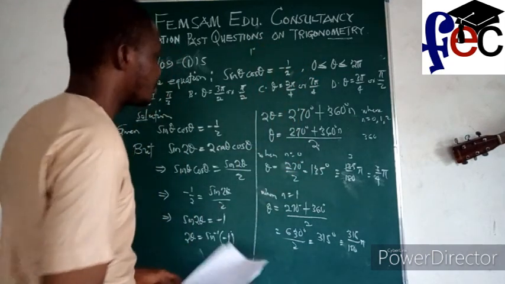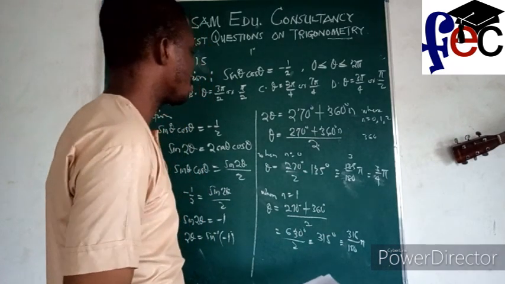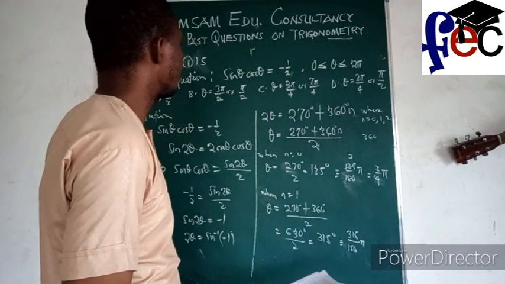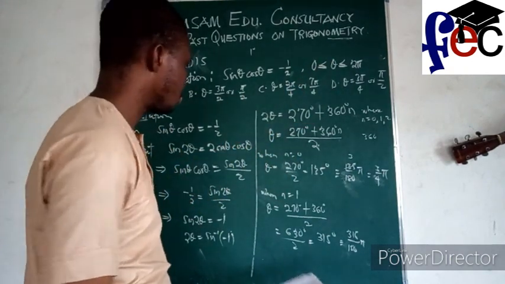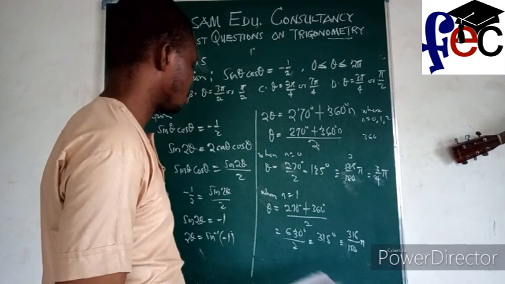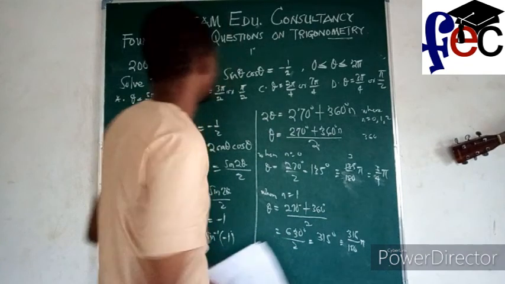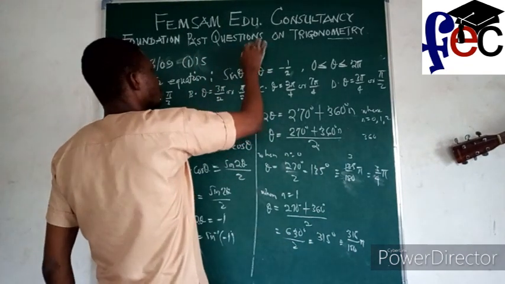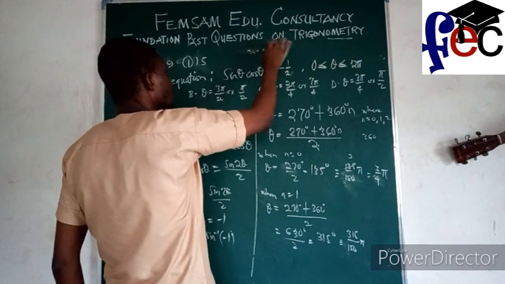pi over 2, pi over, what am I saying? 1 degree is the same thing as, no, sorry. We have been doing that 360 to 2 pi.